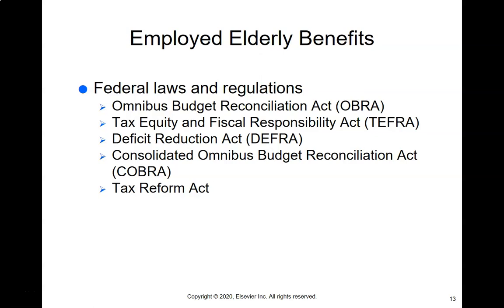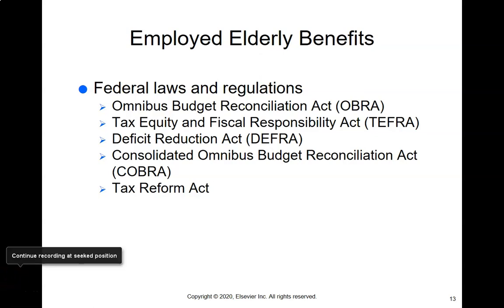COBRA requires that third-party payers reimburse for certain care rendered in government-run veteran and military hospitals. The group's coverage is primary and Medicare is secondary. COBRA applies to employers with at least 20 full or part-time employees.